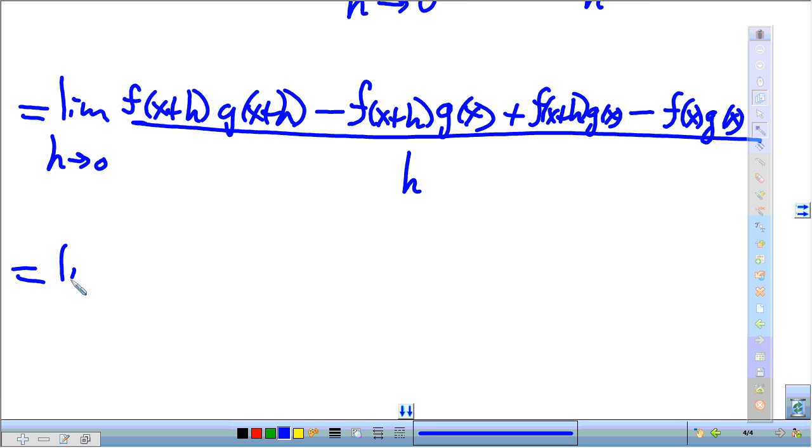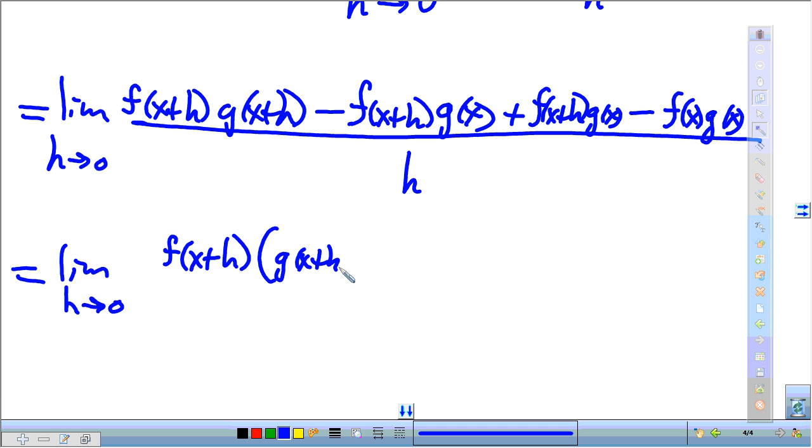Oh, well, it's interesting that if I factor from the first two terms now after the mistake, divided by h. This looks like the definition of the derivative of g.